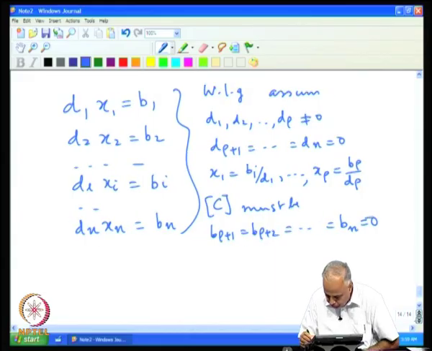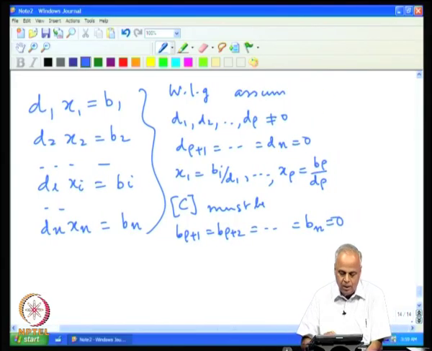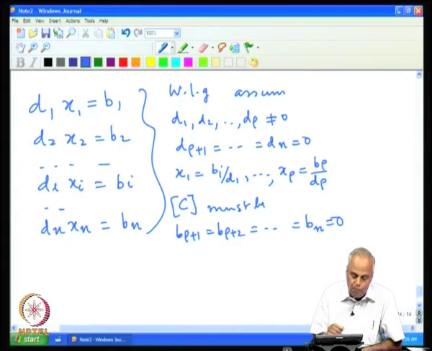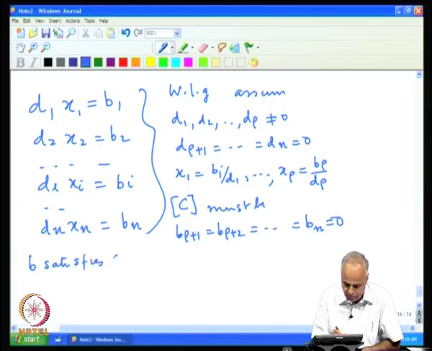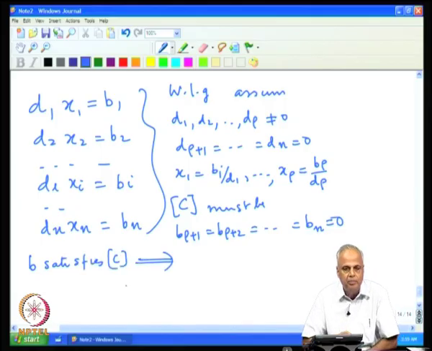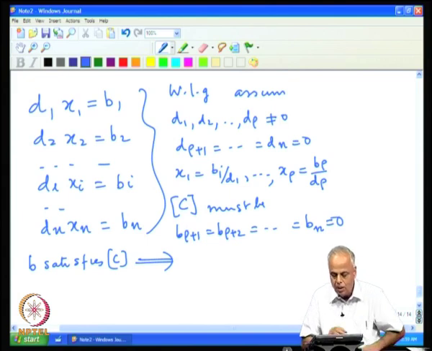So, the consistency condition for such a system becomes b rho plus 1, b rho plus 2, ..., b n are all 0. Now, what do we get from this? If b satisfies this condition, what does that imply? Then the first rho unknowns are x1 is b1 by d1, x2 is b2 by d2, x rho is b rho by d rho, these are got, and for the remaining variables, whatever value I choose, the equations only give 0 equal to 0, 0 equal to 0, 0 equal to 0.